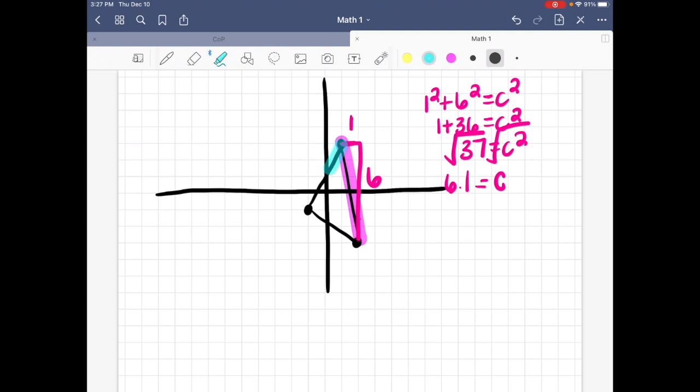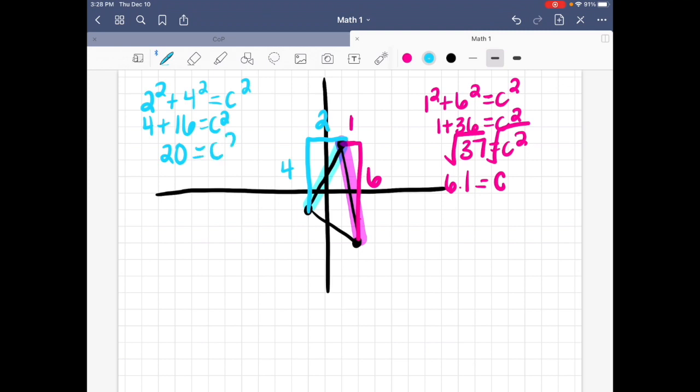All right, now we're going to do the process again with another side. So we're going to make a right triangle again. So we have 2 units here, and 1, 2, 3, 4 units here. So 2 squared plus 4 squared equals c squared. So 4 plus 16, that's 20.